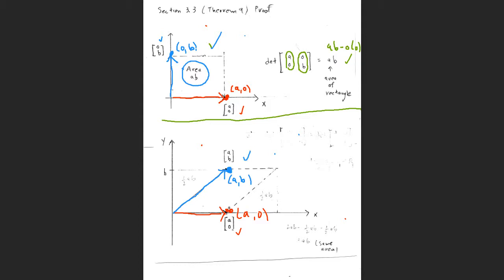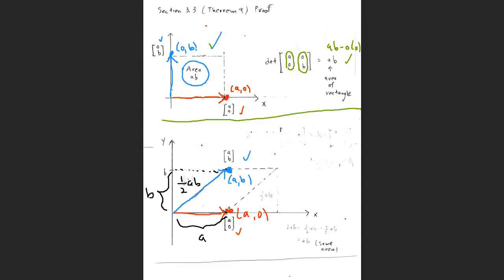Now, what would the area be here? Well, you have this base with distance A, and you have this height of B. So this triangle here has area 1/2 AB.